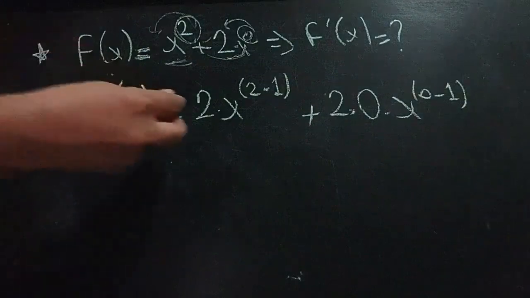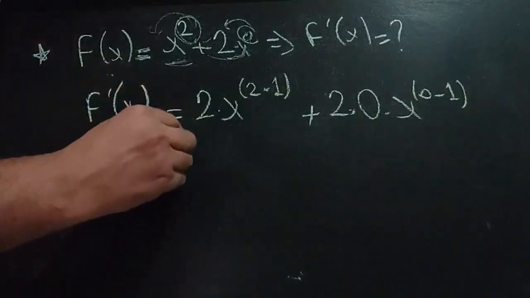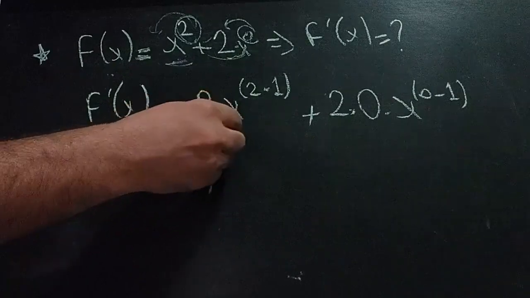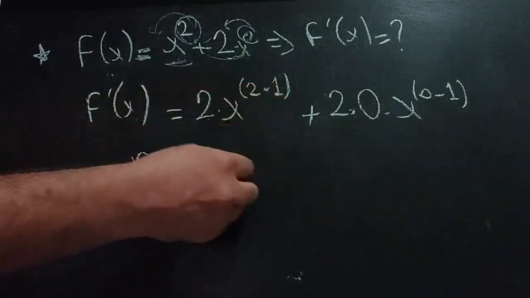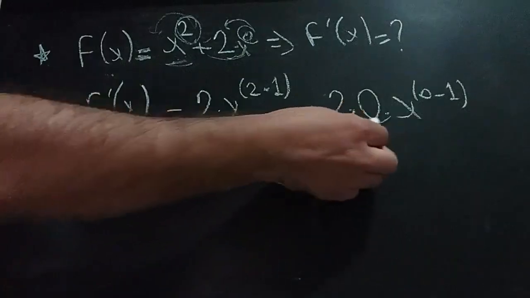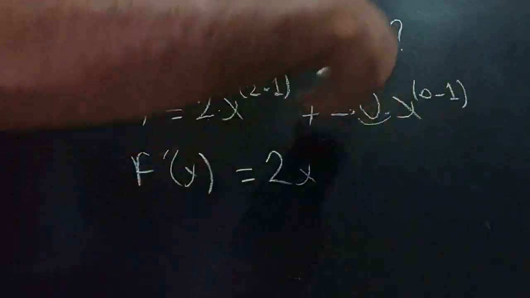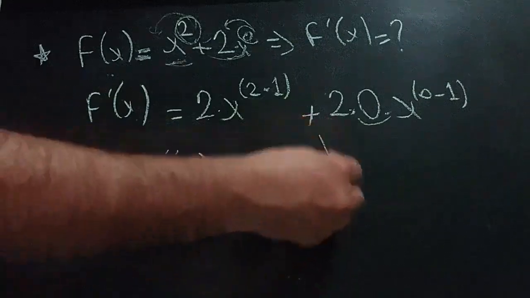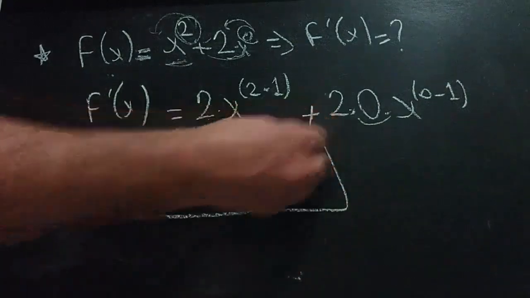So from there I will get 2x power 1. You don't need to write power 1, 2x. So that one, there is 0 there, you don't need to calculate anything, that will be 0, and your derivative is going to be 2x.